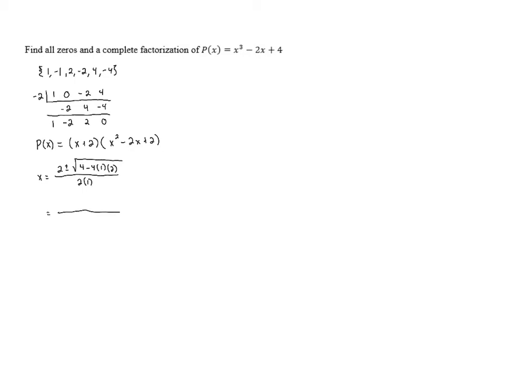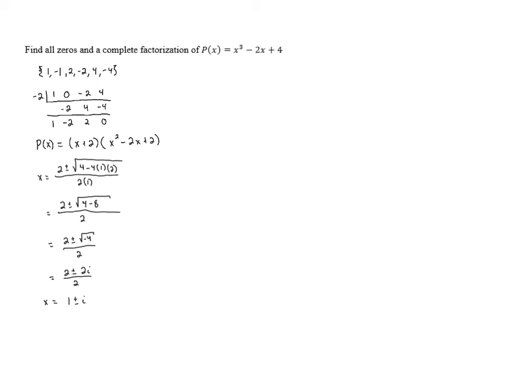Now underneath that radical, this is going to end up being 4 minus 8, and 4 minus 8 is negative 4. So we've got 2 plus or minus the square root of negative 4 over 2. Now the square root of negative 4 is going to be 2i. And when we divide both of those by 2, we get 1 plus or minus i.